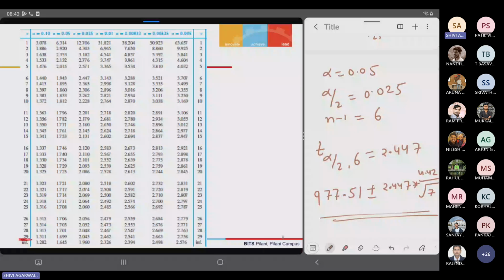So 149 we can consider as infinity, and this value is 1.96. Okay. So after 30 the table values are not provided basically.